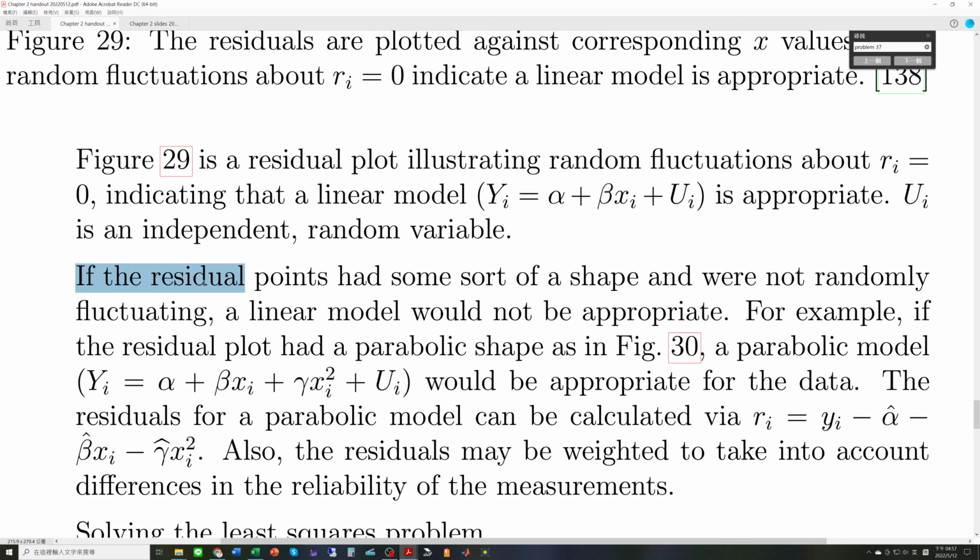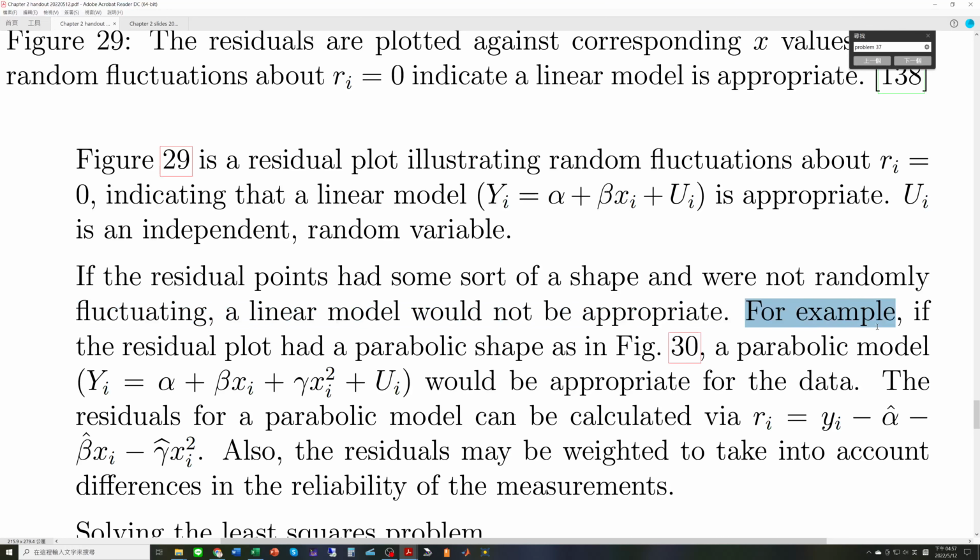If the residual points had some kind of a shape and were not randomly fluctuating, a linear model would not be appropriate.